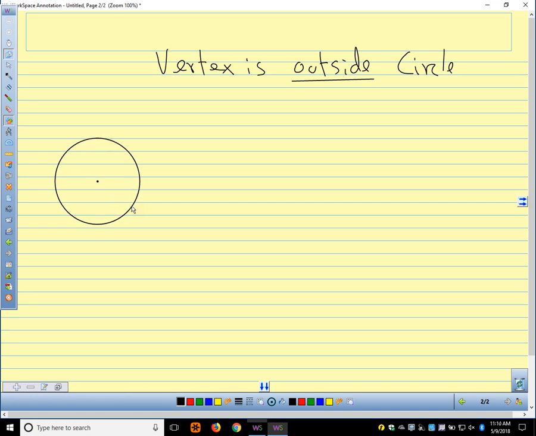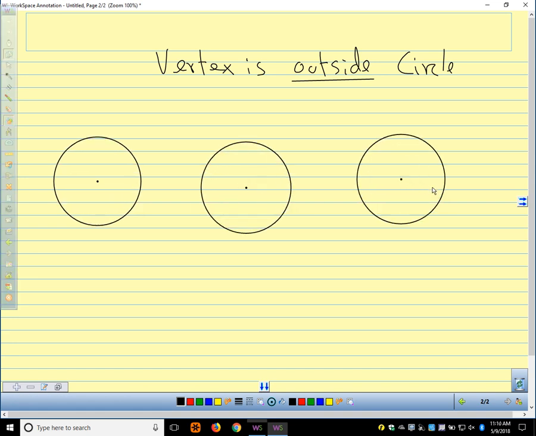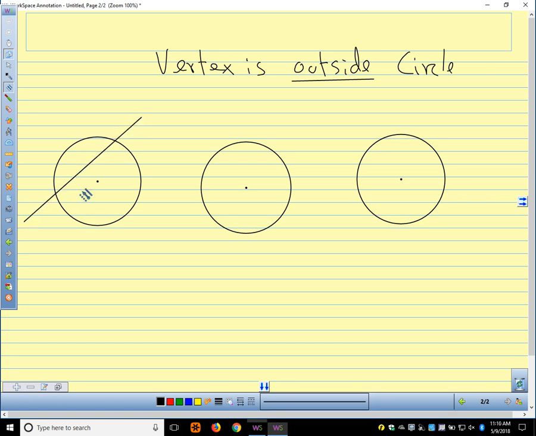So we have this, this, and this. The first one, we could have what we call secant lines. So our situation could look like that. And I'm going to call this x degrees, y degrees, and this angle 1.